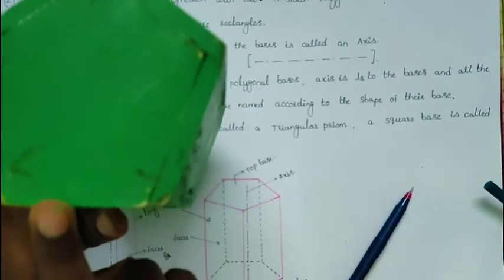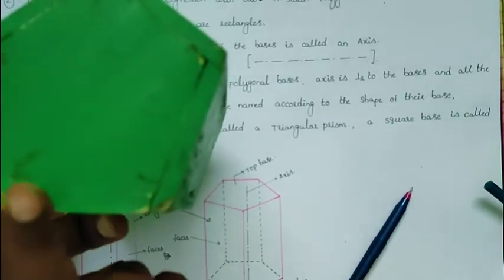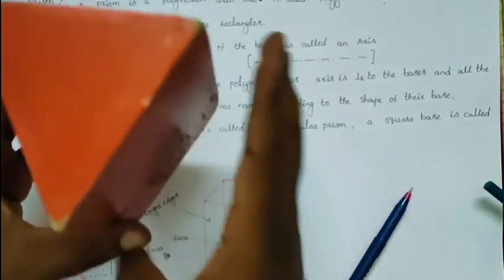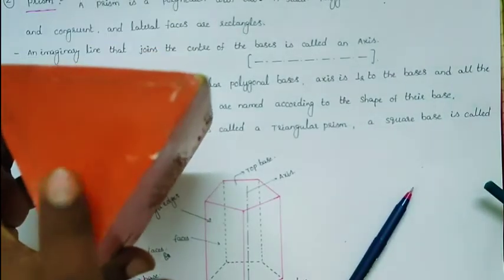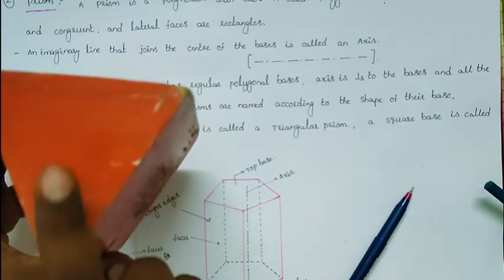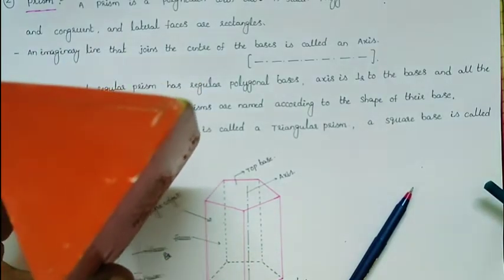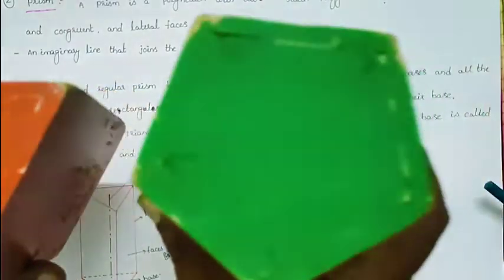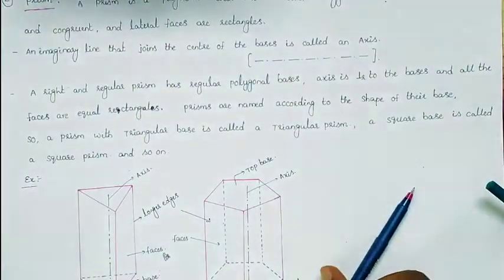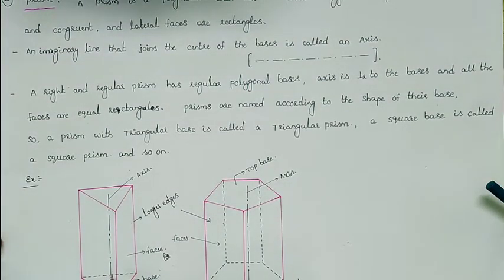The base looks like a pentagon, so this type of prism we call the pentagonal prism. Here the base of the prism looks like a triangle, so this type of prism we call the triangular prism. So this is the triangular prism and this one is the pentagonal prism.